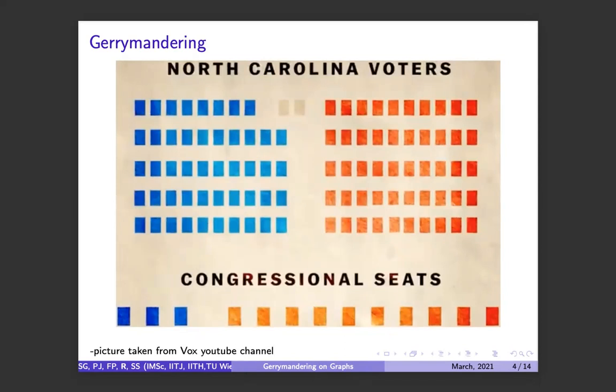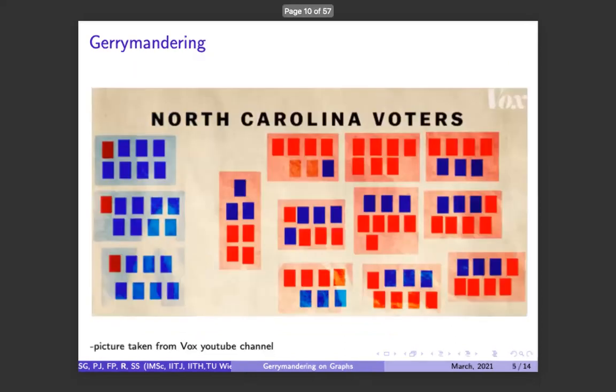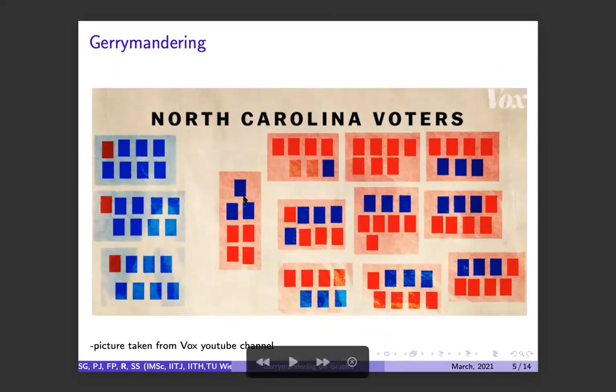And this is very abnormal, right? Because almost 50% of the voters are voting for the blue candidate. So how did this happen? This is the magic of gerrymandering. This is what the North Carolina state voters look like, and this is how the voters were divided into districts. Each of these is one district.